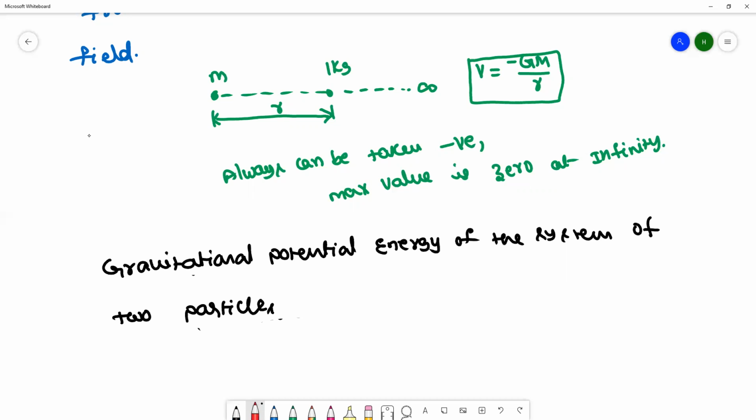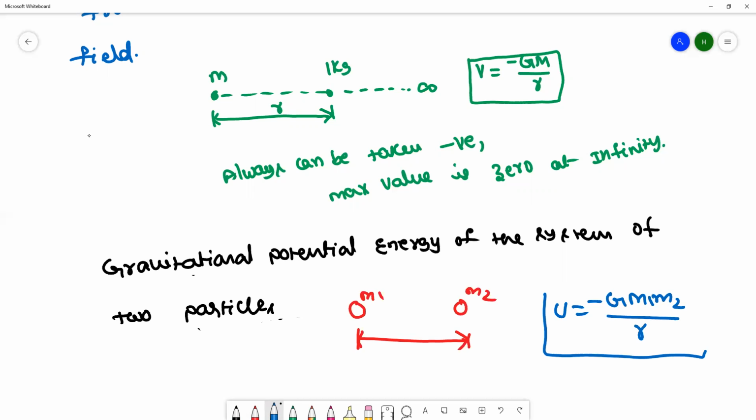Take these two masses, m1 and m2, kept at a separation of r. You can write U is equal to minus G into m1 m2 divided by r. So gravitational potential energy U is equal to minus G into m1 m2 divided by r.